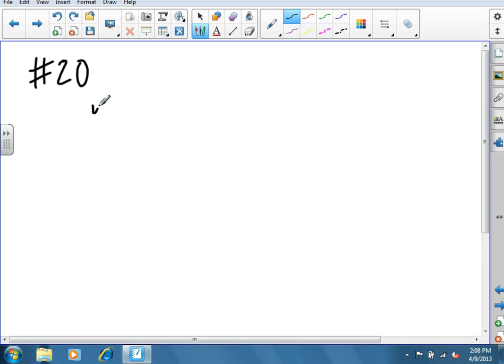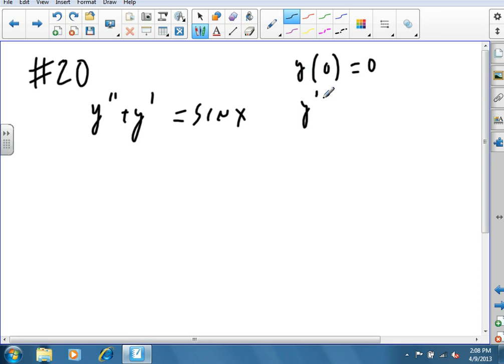y double prime plus y prime equals sine x, and y at 0 is 0, and y prime at 0 is 0. Okay, for overriding the problem now, right?